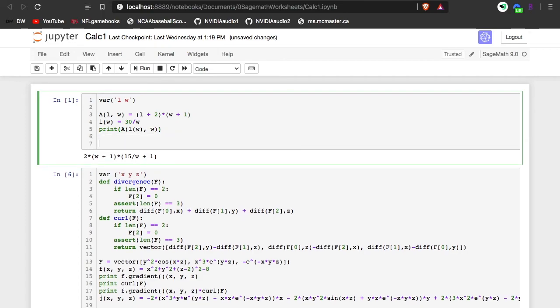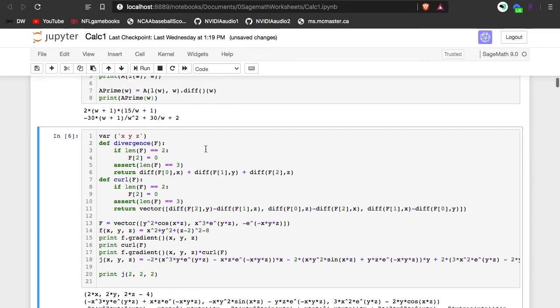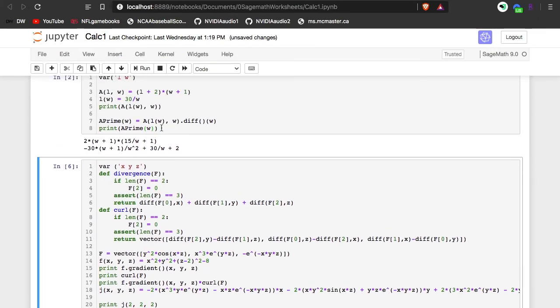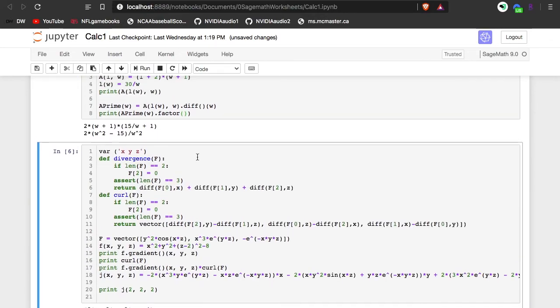Okay, so then we'll get our area prime of W as A of L of W dot diff of W, and I want to print A prime of W. All right, so that's our derivative for the area, and let's factor it. All right, so exactly what we just had.